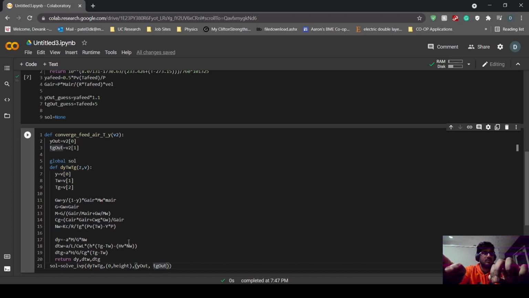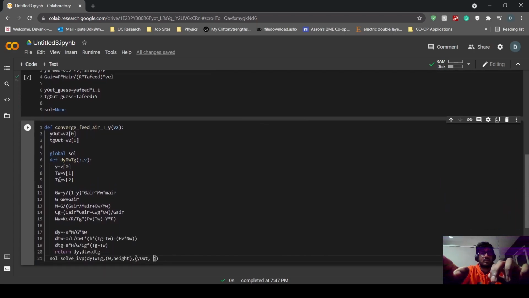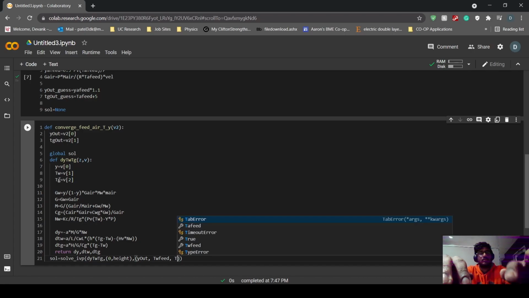Or no, we want to make sure this lines up with TW, the feed. Yeah, TW feed. So we want to call out the TW feed and TG out.